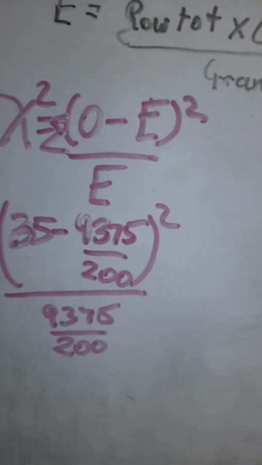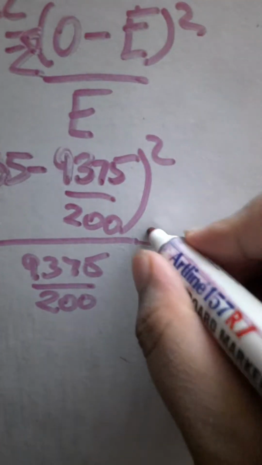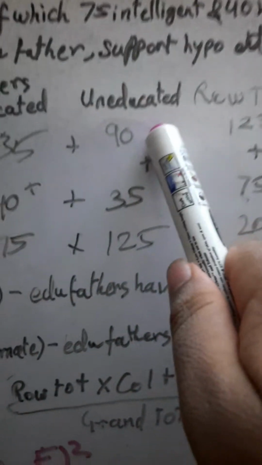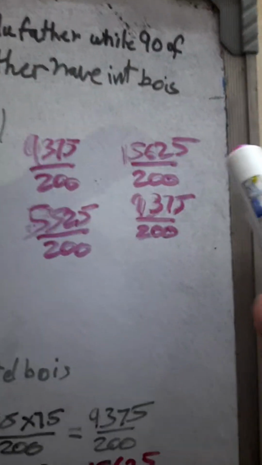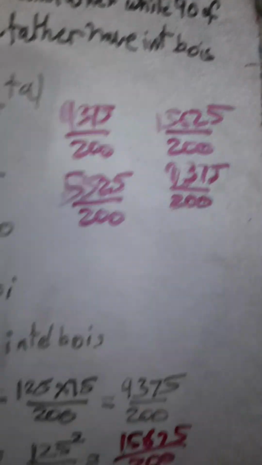Now let's move to this cell. This is observed frequency, this is expected frequency. So observed minus expected, whole square, divided by expected frequency.